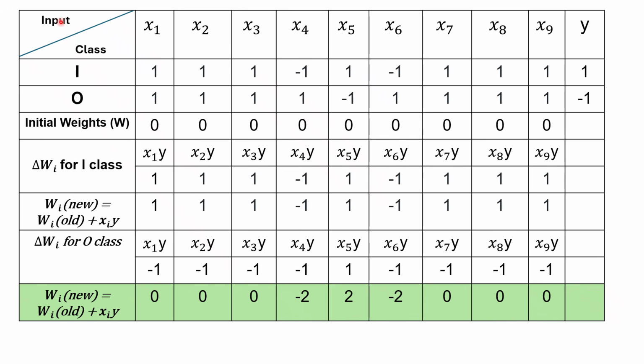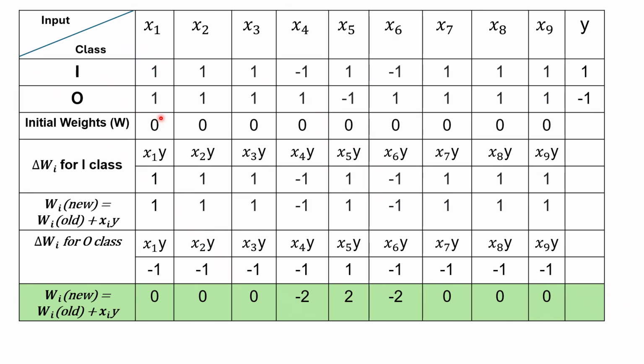Now, the input sequence pattern as per the numerical has 9 values. So, it can be represented from x1 to x9 and the target can be represented by y. There are two classes I and O. We have represented the data values for the given input sequence pattern for class I and class O. Class I, the data is plus 1, 1, 1, minus 1, 1, minus 1, 1, 1, 1.